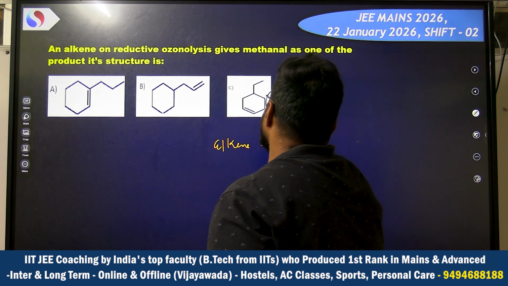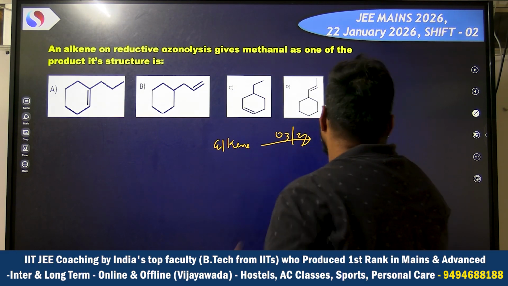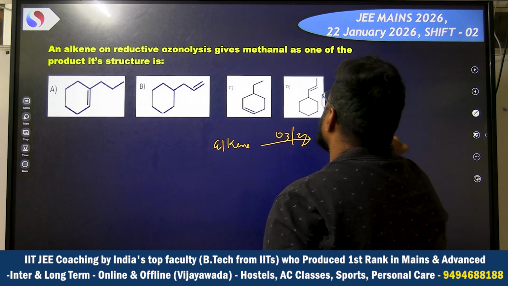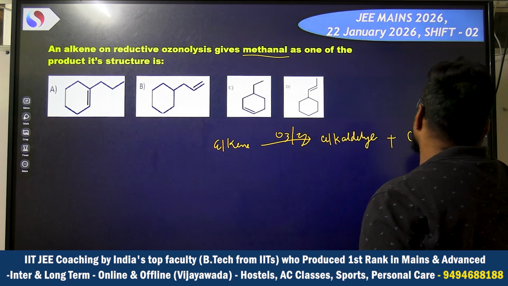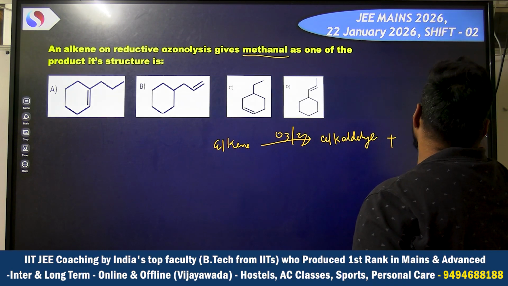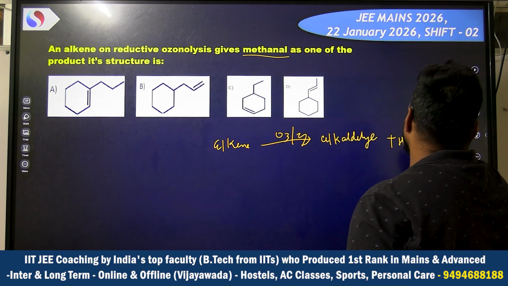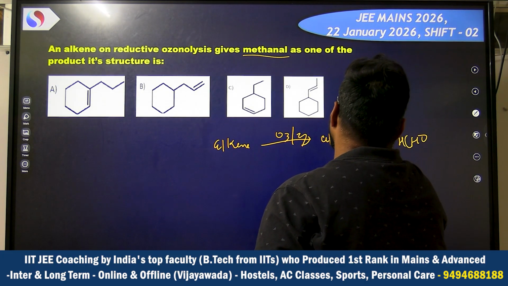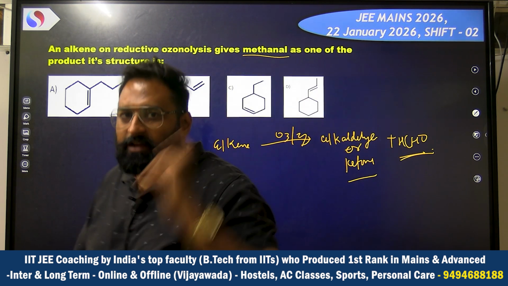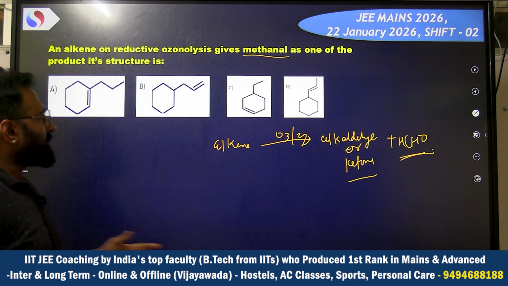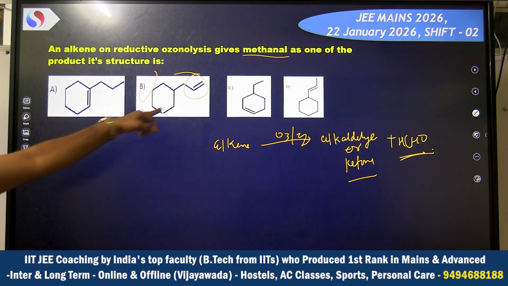Alkene ozonolysis in presence of Zn gives aldehyde plus, the question is saying methanol. It can be aldehyde or ketone, and the question is saying methanol. So the double bond should be present near the branch. Second option is the only possible one because the double bond is present near the branch.